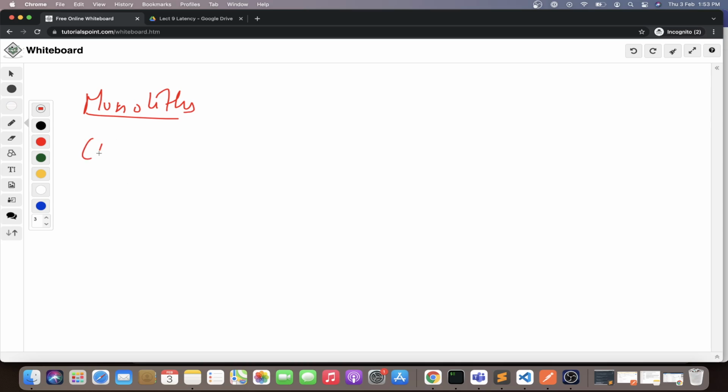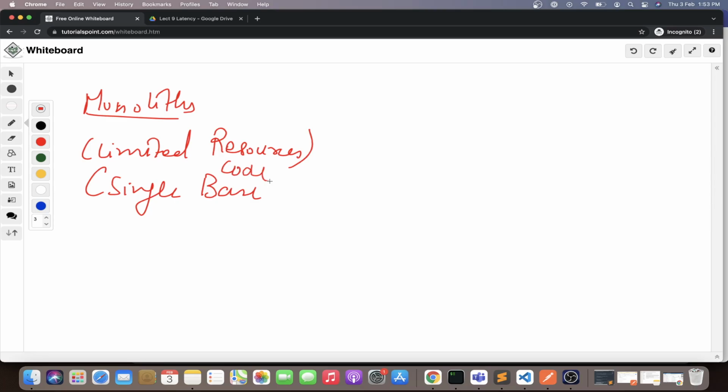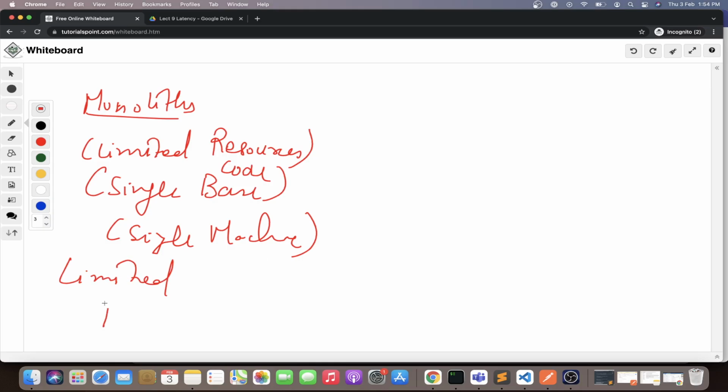For monoliths, we have limited resources, a single code base, and a single machine. So automatically we have limited throughput because our inventory is limited.